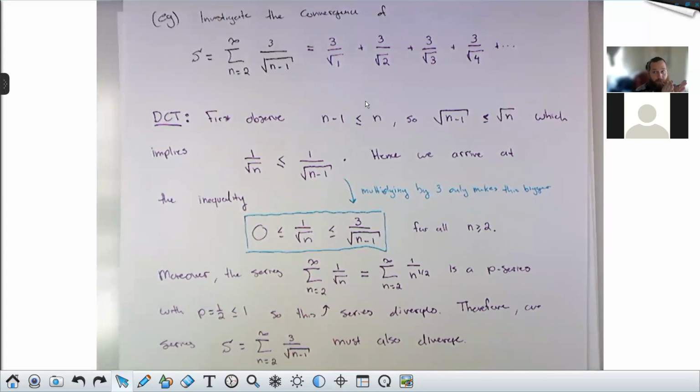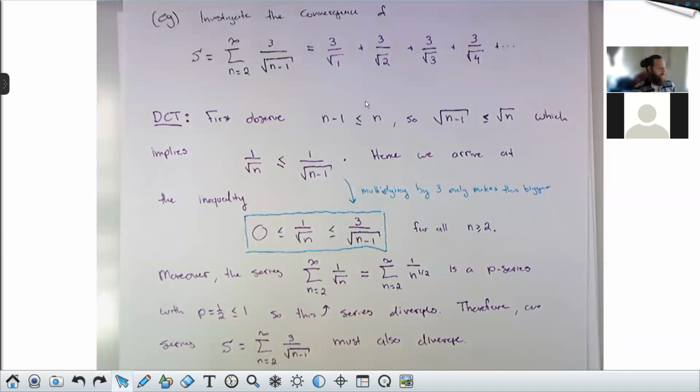So the idea for all of these is that you want to look at the series that's given to you and ask, what very simple series is this most similar to? That's what you're going to compare against. So if there's a plus 1 or a minus 1 or a constant multiple, something like that, then pretend like those aren't there. What series do you get when you ignore those little superfluous things?